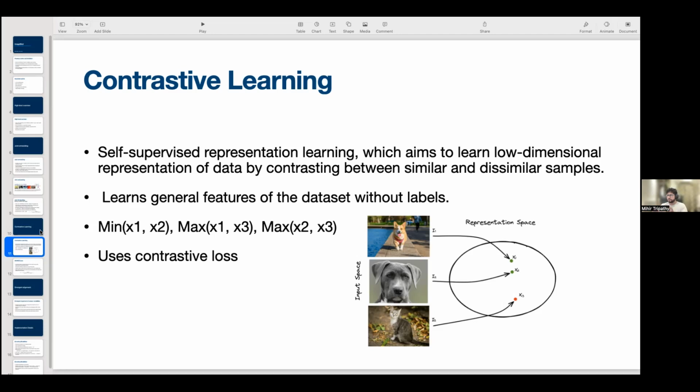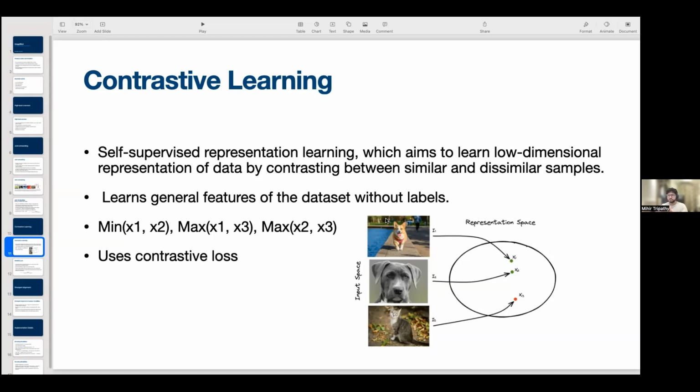Just to explain it in very high level terms, if, for example, we have images of dogs and cats in a representation space, what we want to make sure is that the similar data, like different images of dogs, are aligned, meaning that the distance between x1 and x2, which are the embeddings of images of dogs, is minimized, whereas the distance between the embeddings of dissimilar data, which might be images of dogs and cats, should be maximized.